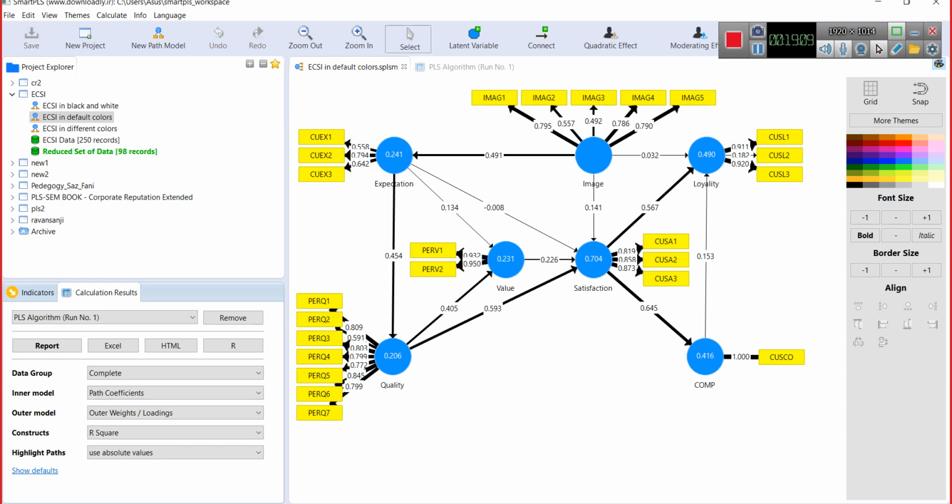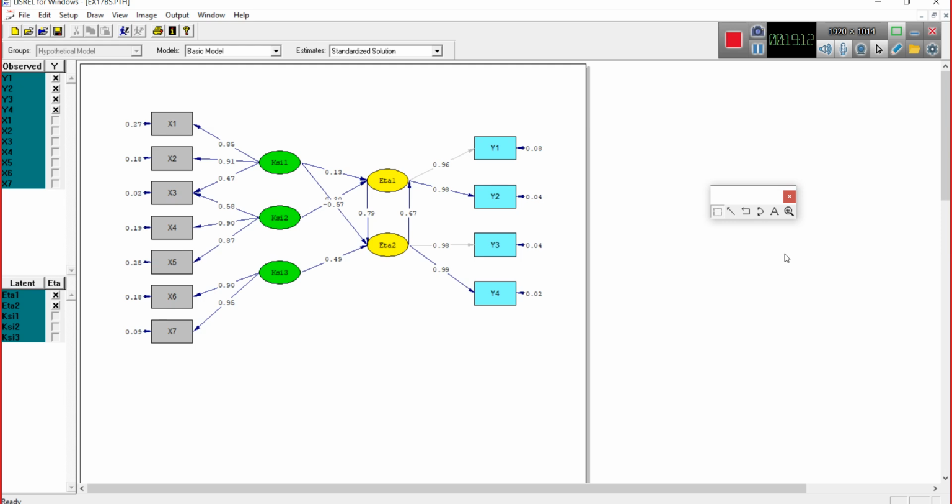Software like LISREL is appropriate for theory testing when you have a solid theory that needs to be tested, because it yields goodness of fit measures that assure you whether the theory is happening in the real world or not.